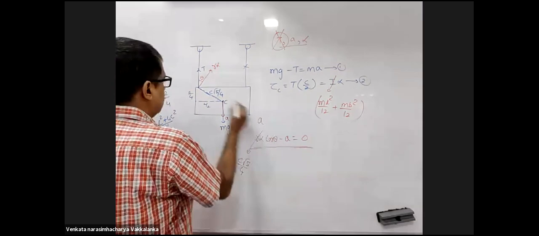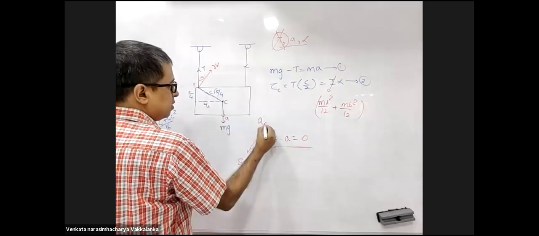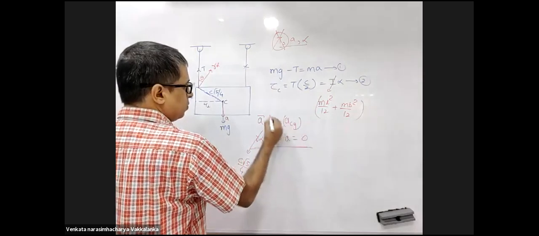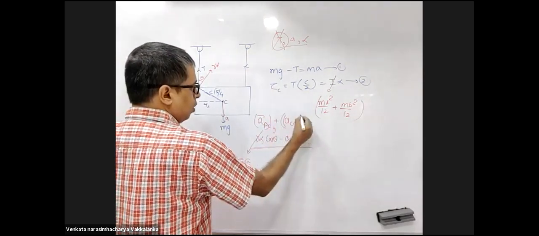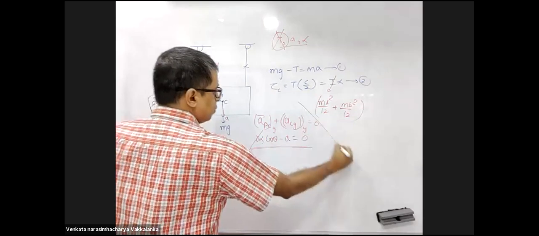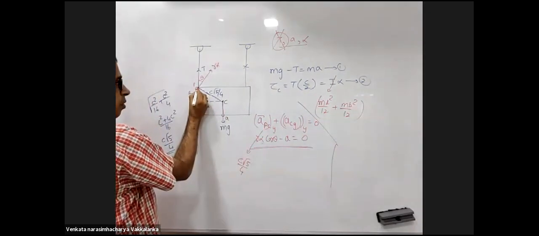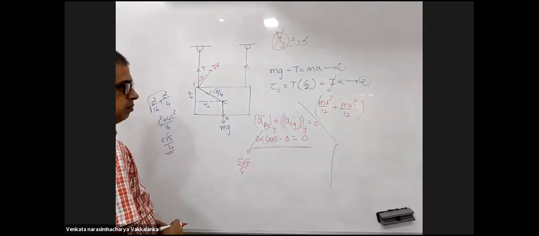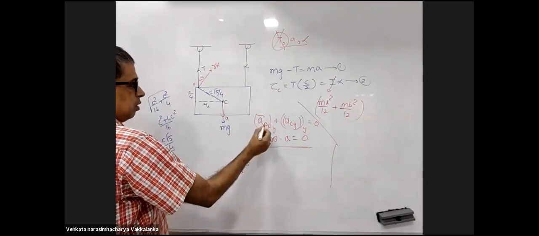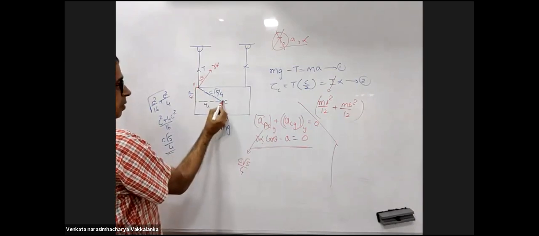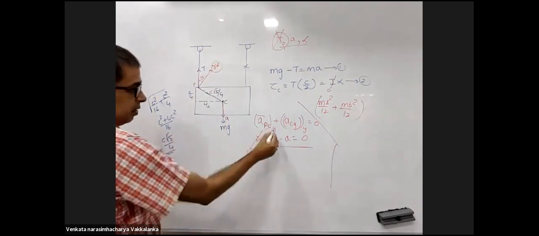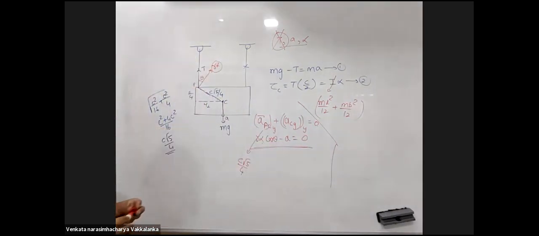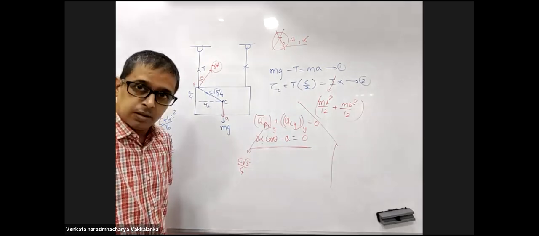Acceleration of the point P with respect to center of mass plus acceleration of center of mass with respect to ground, all along the y-axis, should be 0. Acceleration of the point P with respect to the ground along the y-axis should be 0, because of the constraint, right? With the top. Acceleration of point P with respect to center of mass is R alpha, but I want it along the y-axis. So R alpha cos theta. Okay, sir, understood.